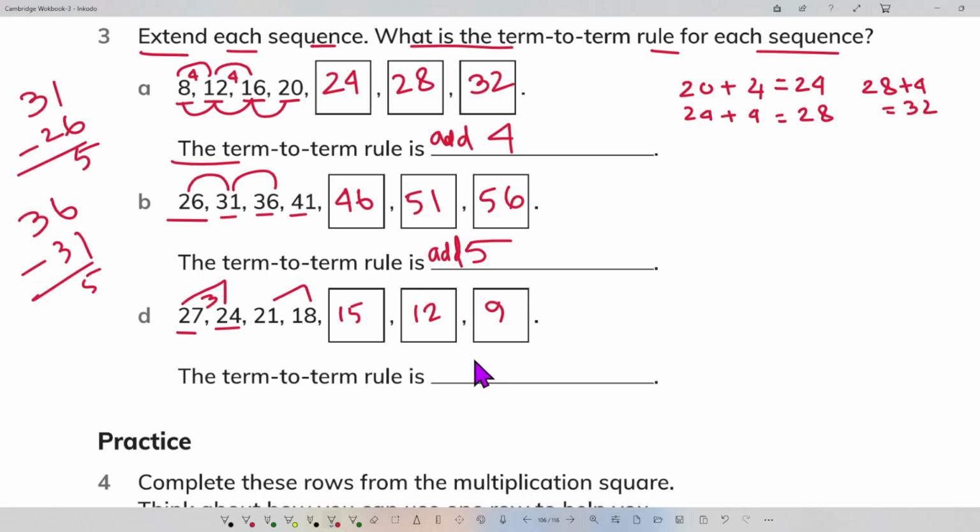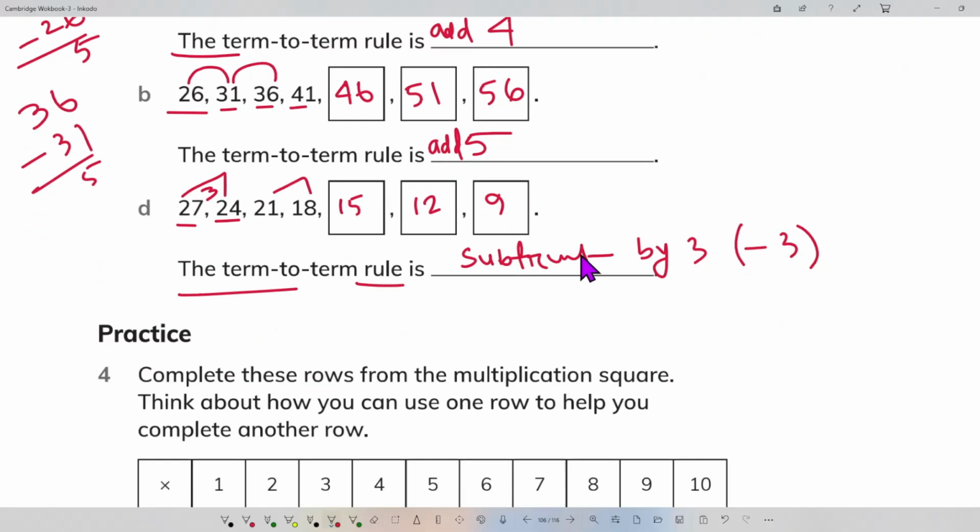So the term to term rule is minus 3, or we can say subtract 3.